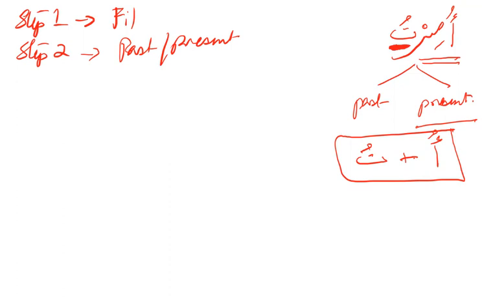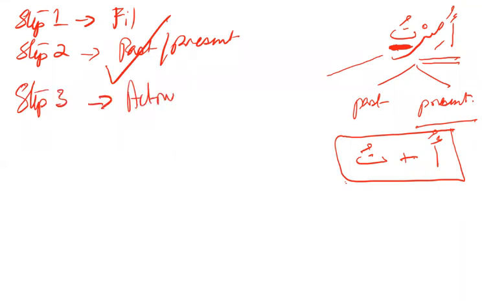So it is not u beginning and u ending. Actually, the tu is the ending here. So that's why there's a confusion that might happen. So this is past tense, so we will do the past tense. Step 3: active or passive?